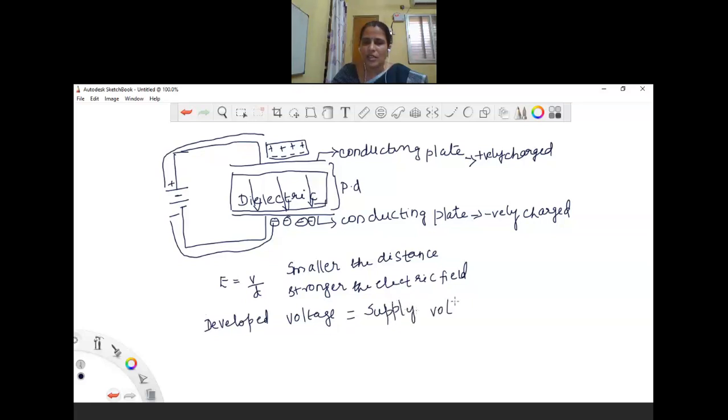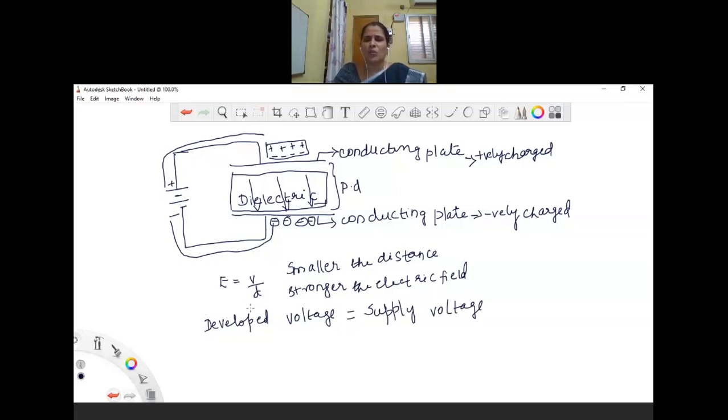So the process will continue until the developed voltage is equal to the supplied voltage. In this way we can store the charges in the capacitor. This process is known as charging of a capacitor.